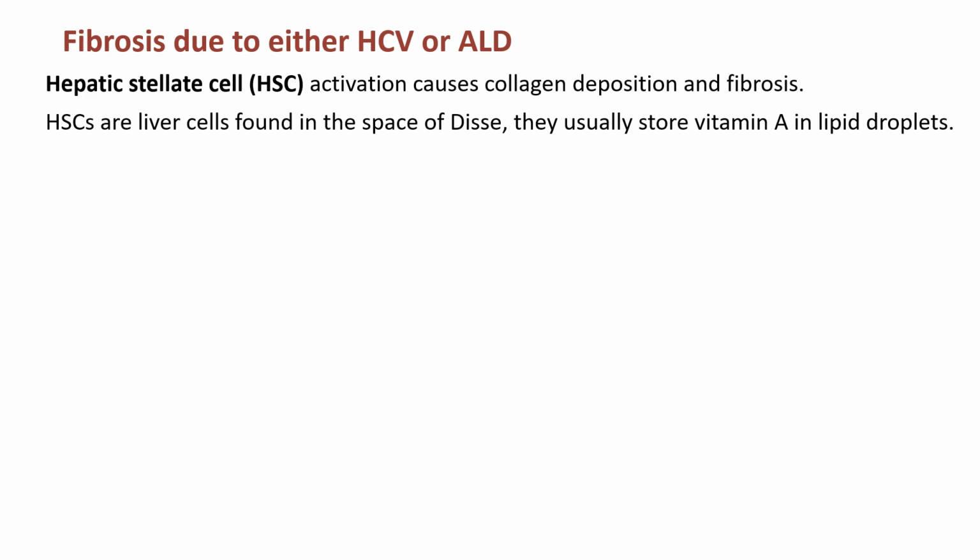Those stellate cells, if you remember, we find in the space of Disse, so between the endothelium and the hepatocytes. And usually they're very helpful. They store vitamin A in lipid droplets.